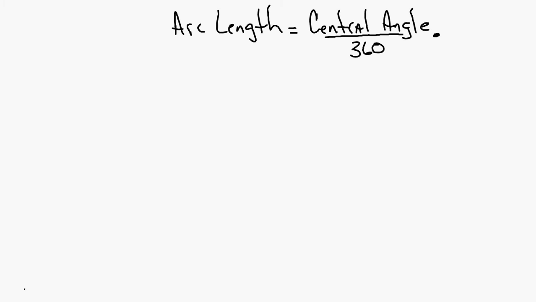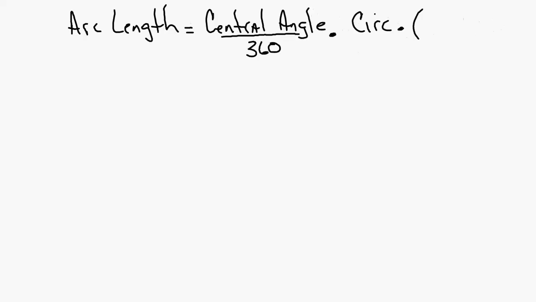And circumference had two different formulas: 2 pi r, or pi times diameter. Okay, both of those represent the circumference. So on number 15, find the length of the arc listed in each of the following problems.